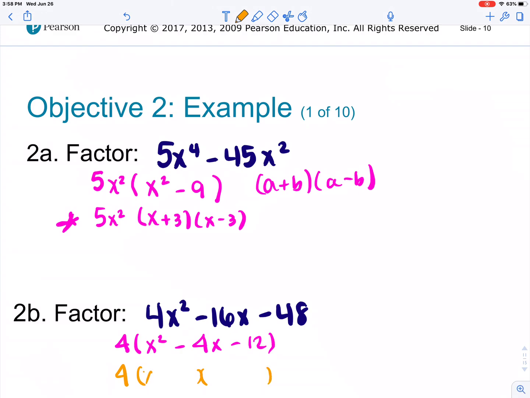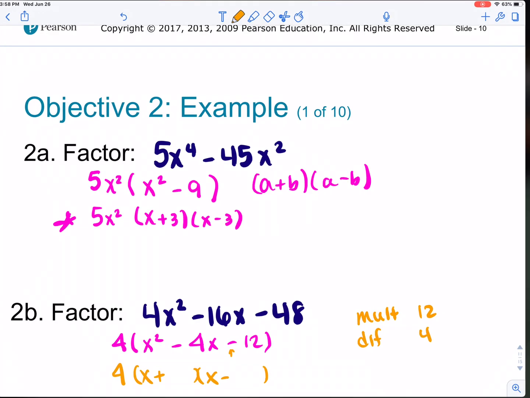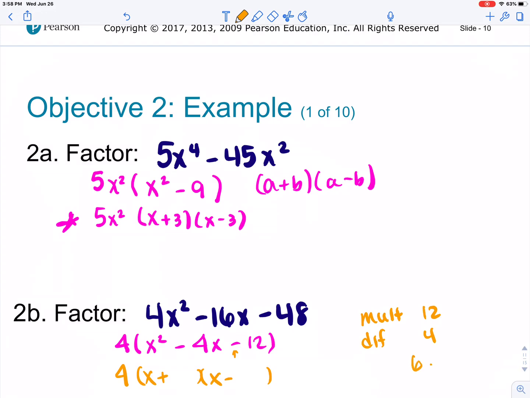So here's my 4. Bracket, bracket, x and x. And now remember, if this back one is a minus, my sign is going to be plus minus. I'm looking for 2 numbers that multiply to make 12 that have a difference of 4. So I'm thinking to myself, 6 and 2 make 12, and the difference between 6 and 2 is 4.